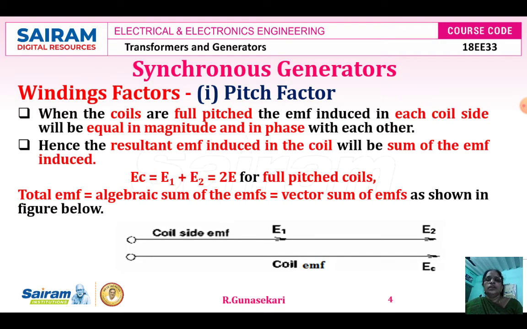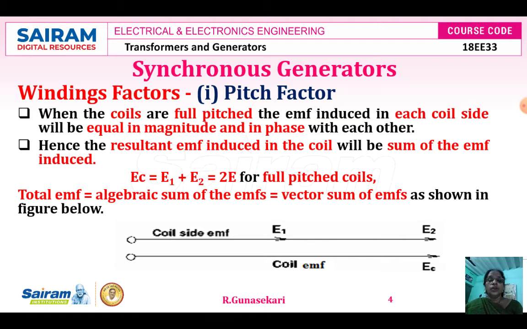For a full pitched winding, the EMF induced in each coil side will be equal in magnitude as well as in phase with each other. We see coil side EMF E1 and coil side EMF E2 are in phase, with equal magnitude.